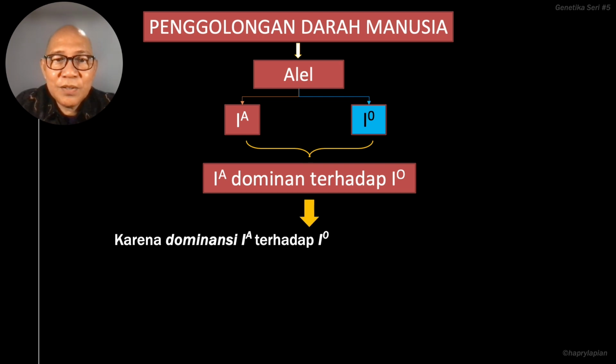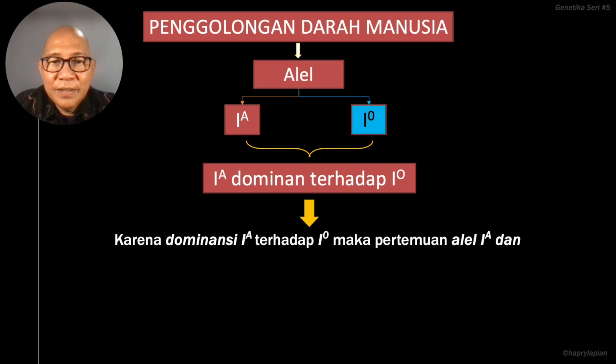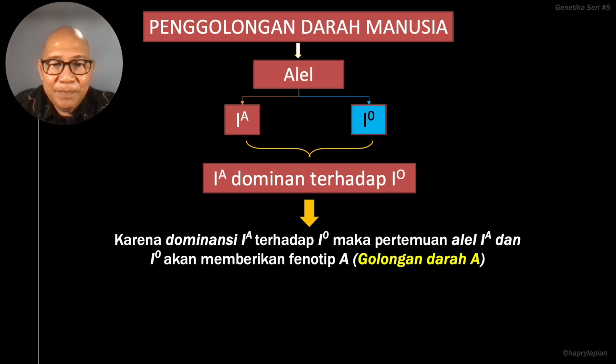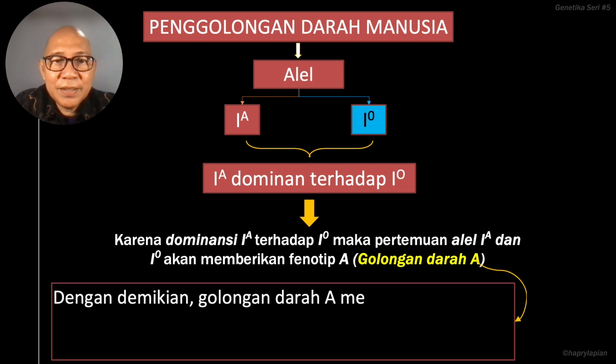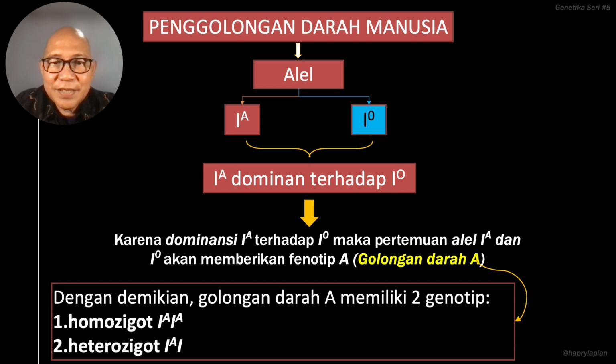Because of the dominance of IA over IO, the combination of IA and IO will give phenotype A, or blood type A. Thus, blood group A has two genotypes. First is homozygous IAIA and second is heterozygous IAIO.